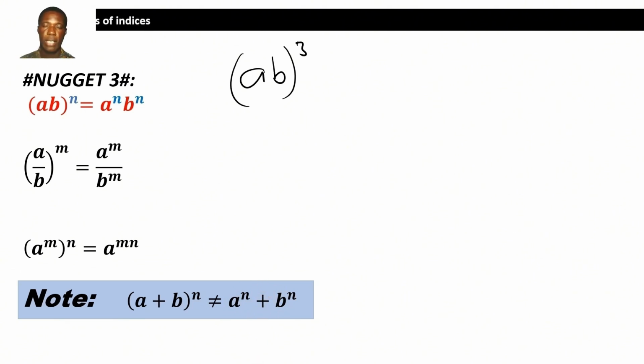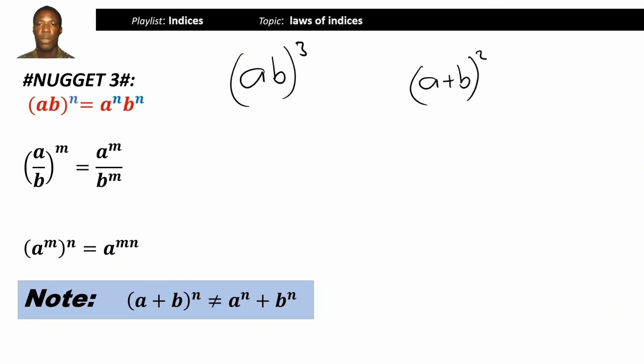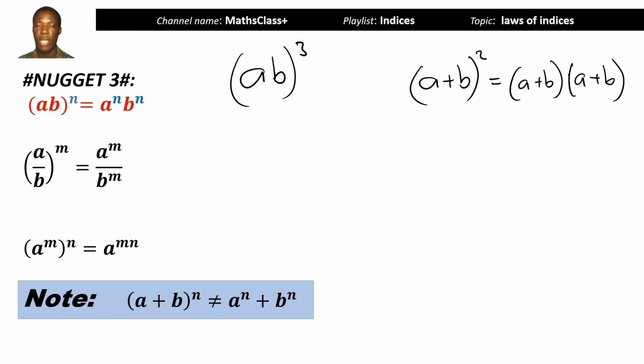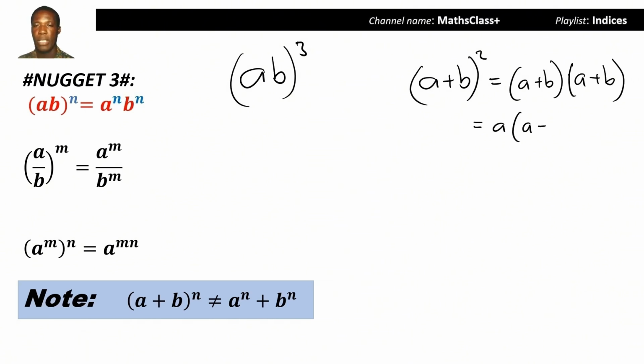Okay, so let's say we have a plus b to the power 2. What this means is that a plus b multiplying a plus b, right? This one is correct. Good. So I want to open the bracket. So I have a multiplying a plus b, and then plus b also multiplying a plus b.